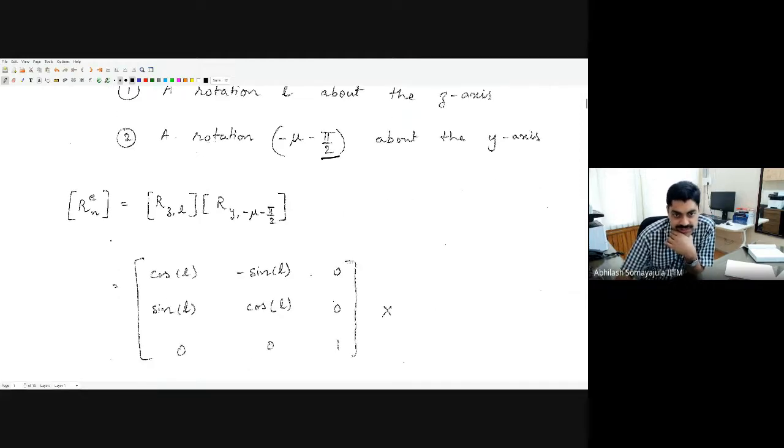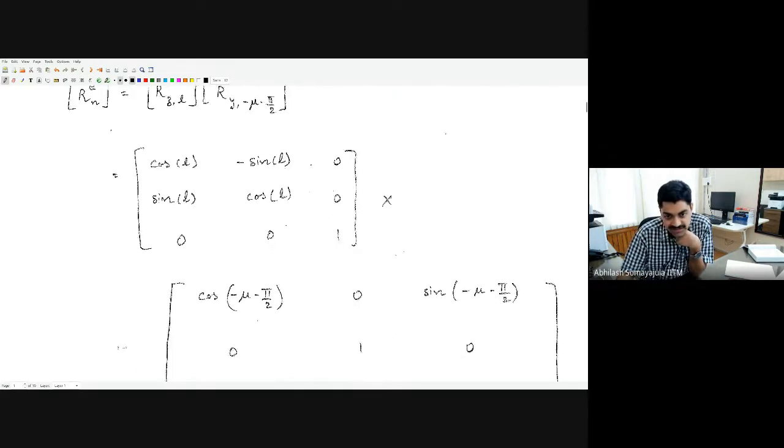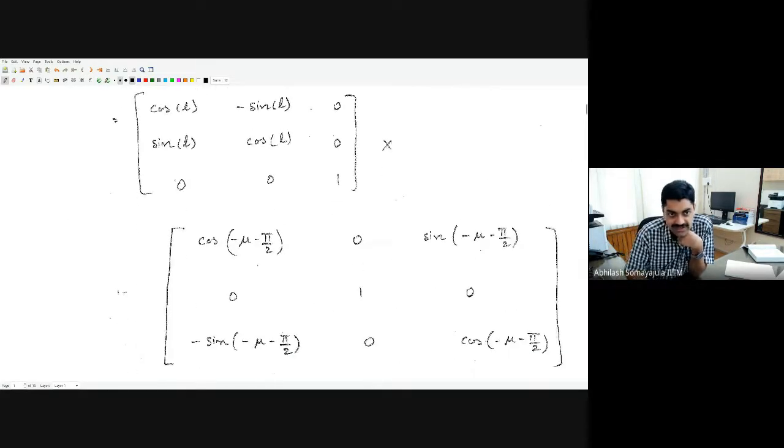So in essence, I can specify the rotation matrix from N to E as a rotation about Z by an angle L, followed by a rotation about Y by an angle minus mu minus pi by 2. If I look at the rotation matrix, I'll get cosine of L, sine of L for the rotation about the Z axis, and then the next is the rotation about the Y axis.